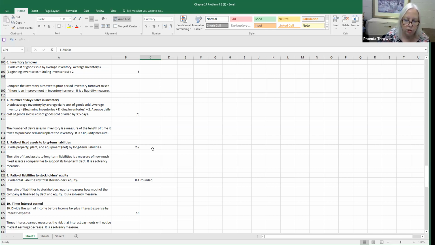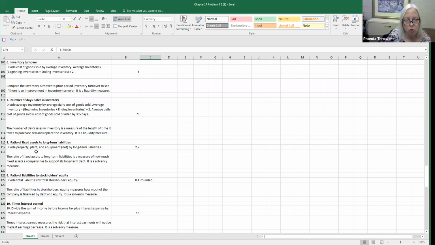They did not ask you to do the ratios for 2001, but if you had, you would find that this ratio is actually about the same, but it has gone down from the previous year to this year.